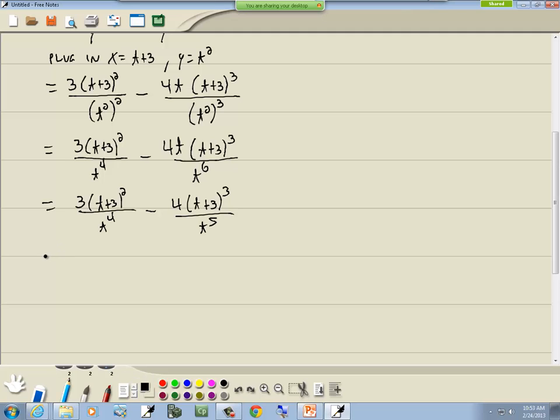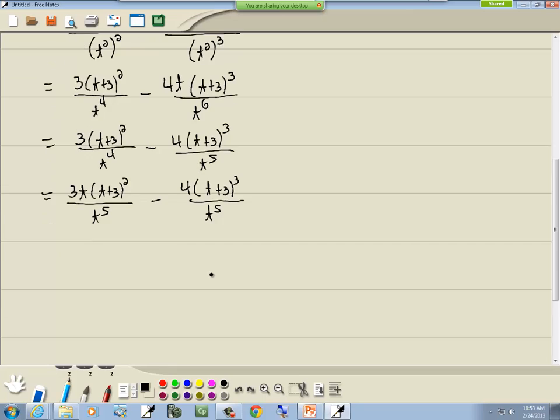Well, I need to get a common denominator so I can merge them together, which would be t to the fifth. So I'll multiply my first fraction here, multiply top and bottom by t. So this becomes 3t times t plus 3 squared over t to the fifth minus 4 times t plus 3 to the third, or minus that over t to the fifth.